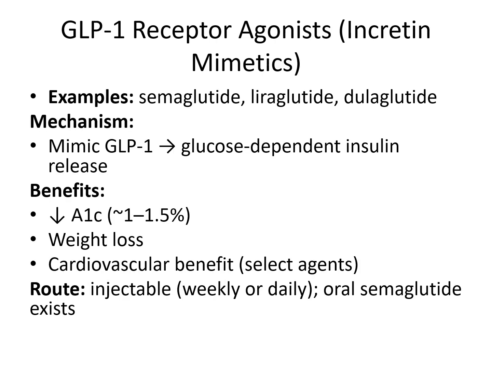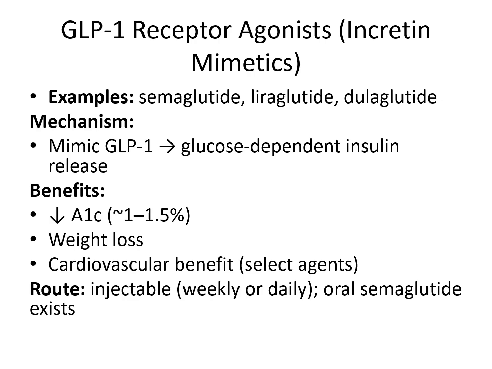GLP-1 receptor agonists, so this is going to include your semaglutide, liraglutide, and dulaglutide. These medications mimic endogenous GLP-1, so the mechanism is they stimulate glucose-dependent insulin release. They suppress glucagon, they slow gastric emptying, and they increase satiety. Because insulin release is glucose dependent, again, our hypoglycemia risk is low, especially when used alone.